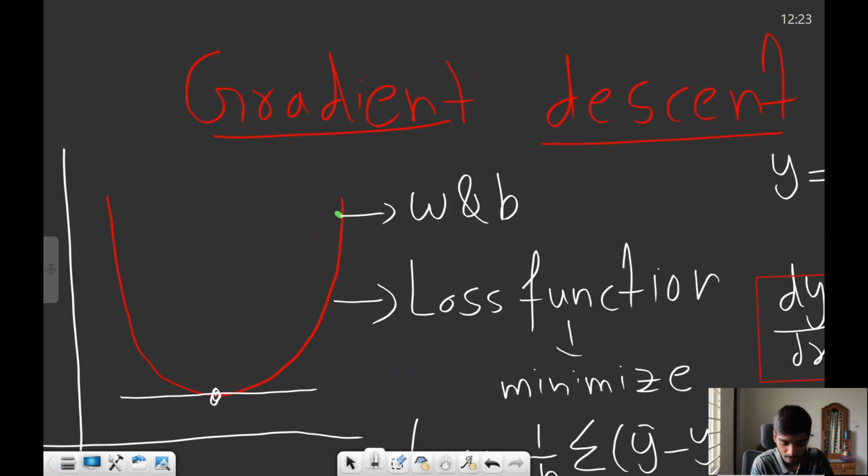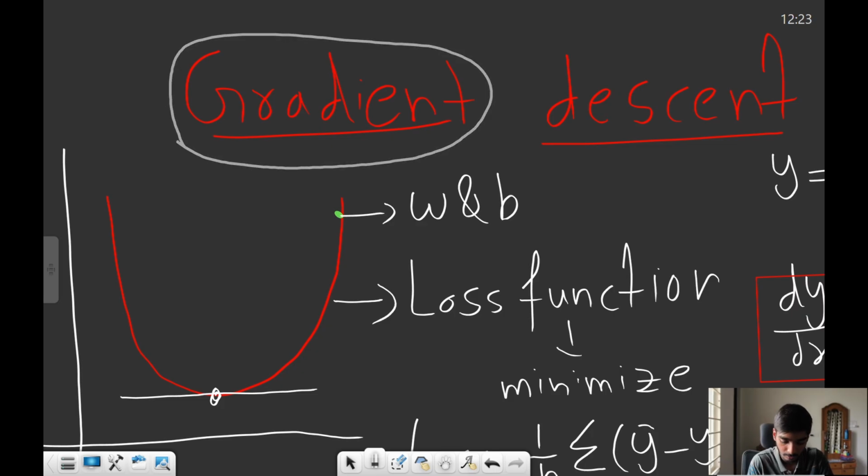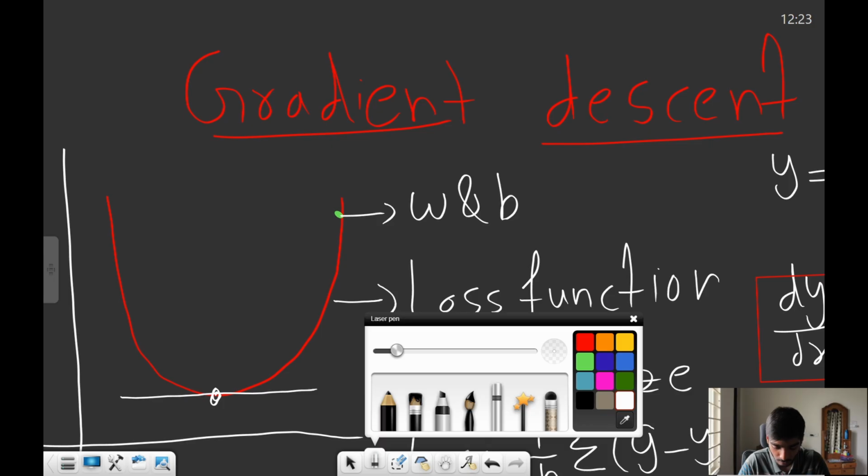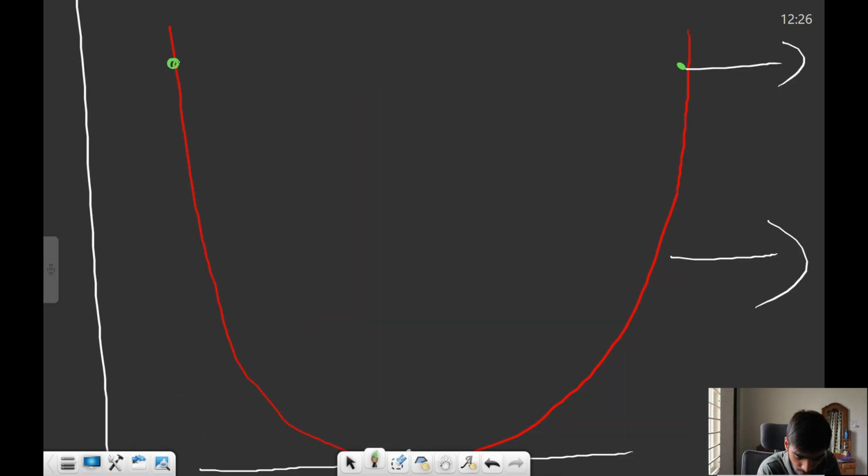Also, the slope and gradient mean the same thing. So this is called gradient descent. We are trying to minimize the gradient to get to the least possible minimum value of the loss function. Let's get on to the actual curve of this function. Consider a point somewhere here.